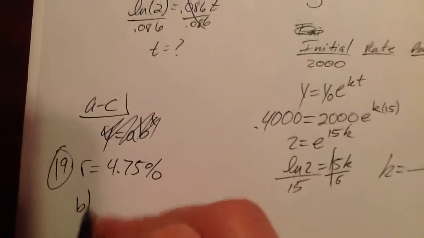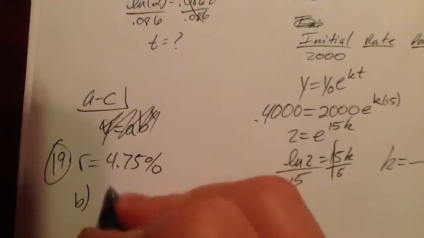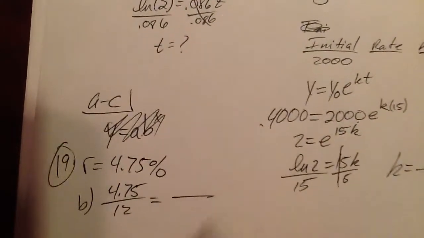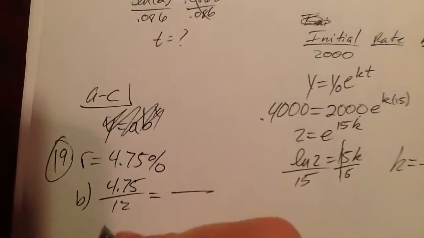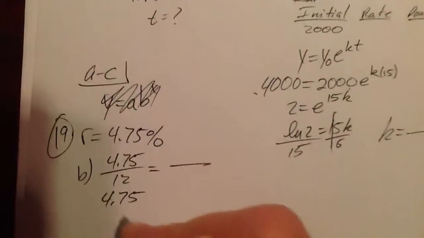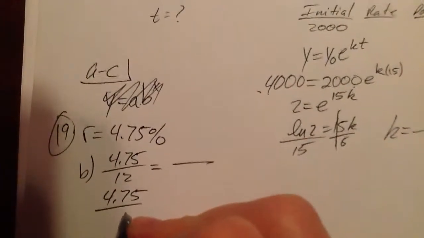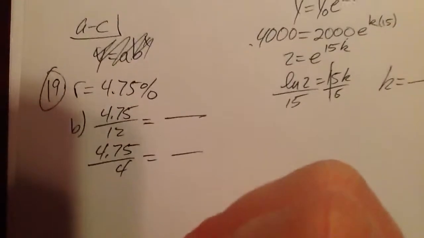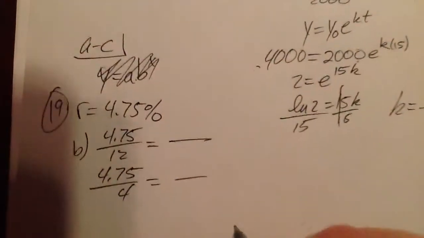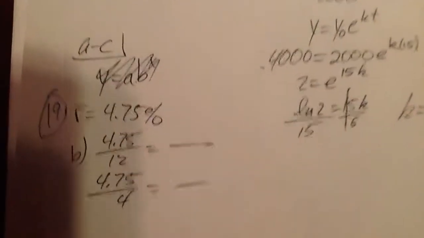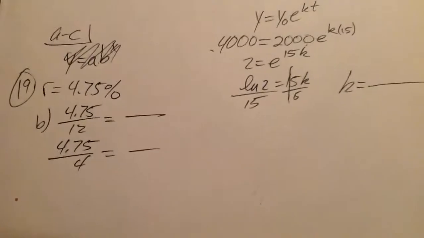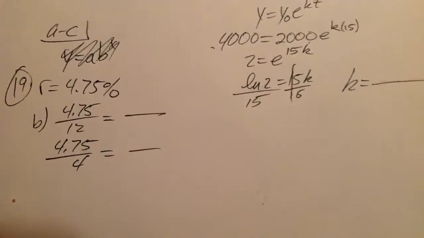But like on B, when it says it's compounded monthly, you have to divide 4.75 by 12 and use that. Or C, if it's compounded quarterly, you have to divide 4.75 by 4 and use that rate. And then compound it continuously, you just use the 4.75 again. I think that's it.